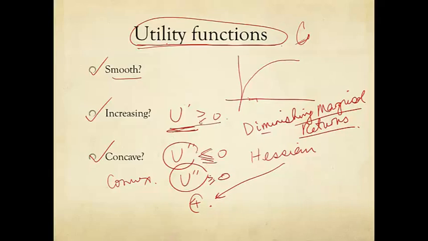It's an increasing function, but the rate of increase is actually negative. So this is usually the case as a concave function, but it doesn't have to be concave at the beginning.